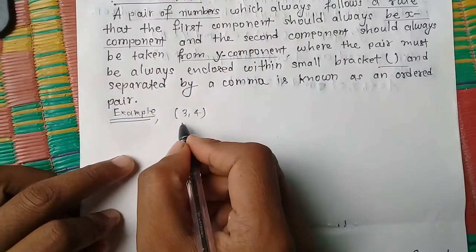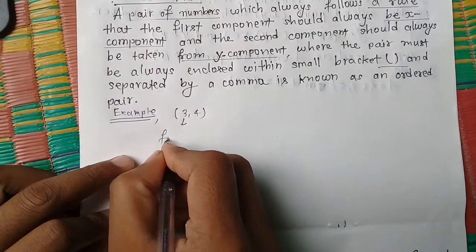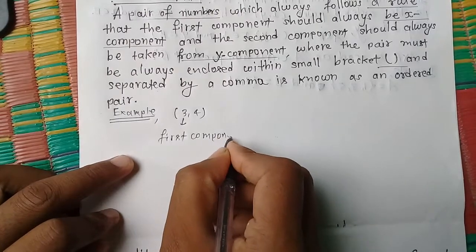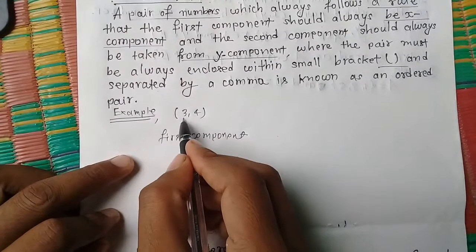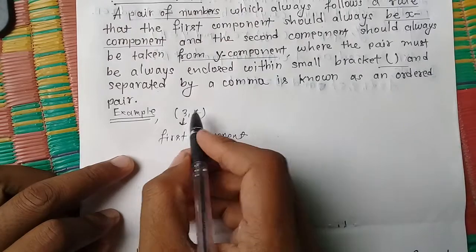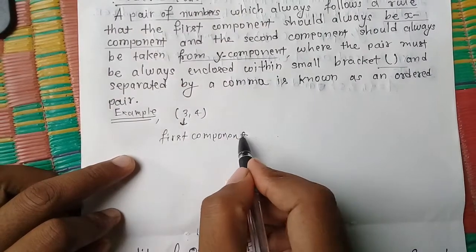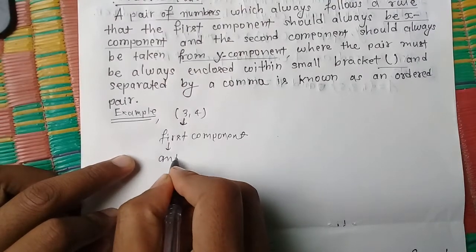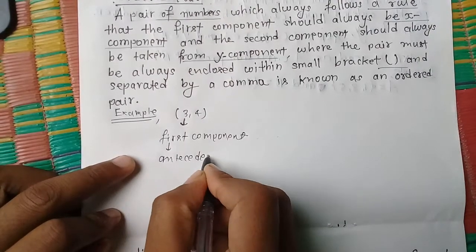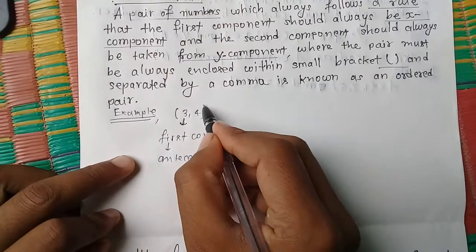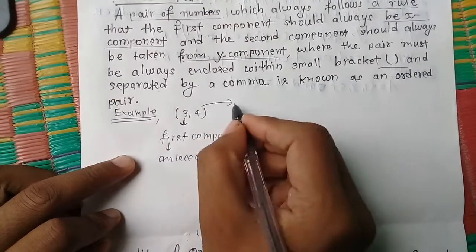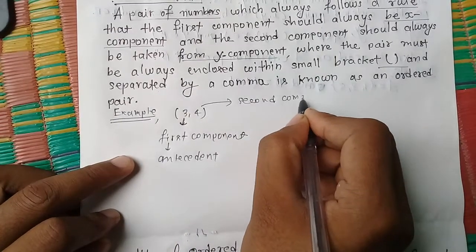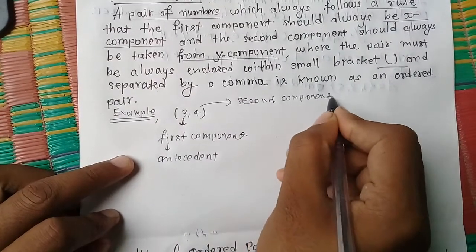So the first component of the ordered pair is also called the antecedent. And this is the second component.